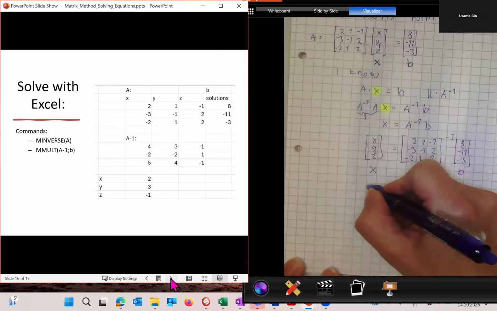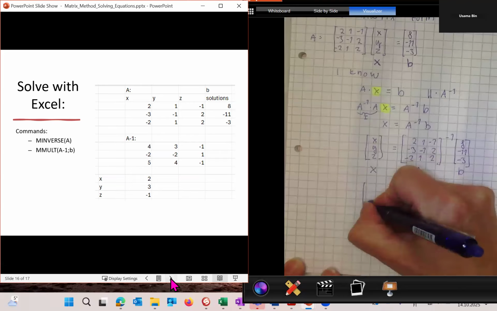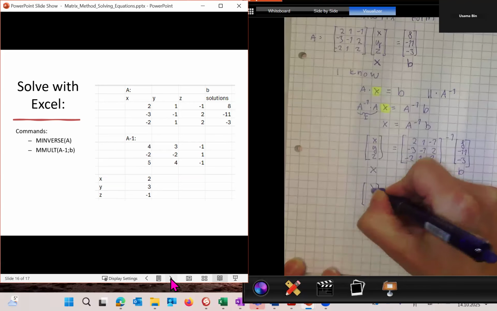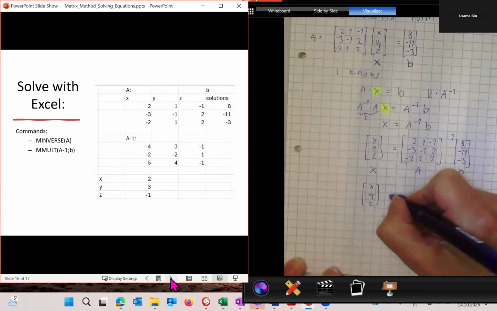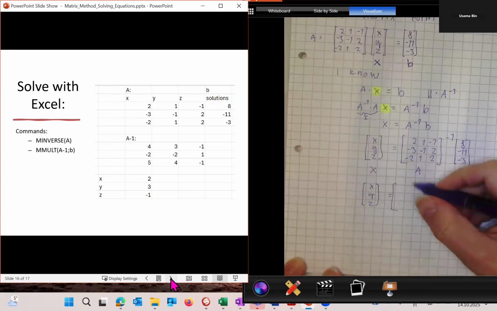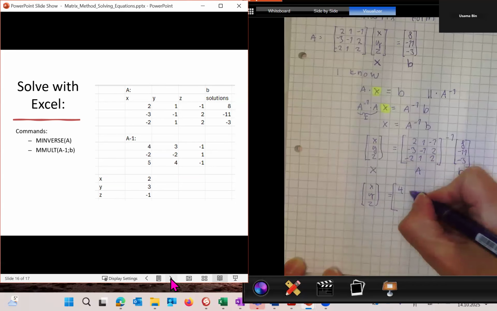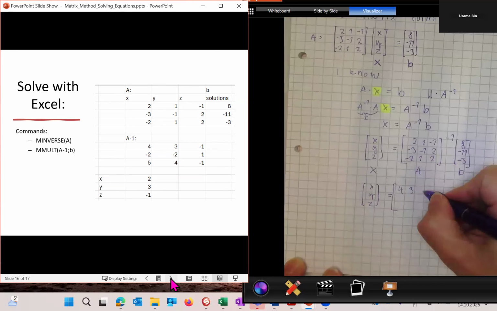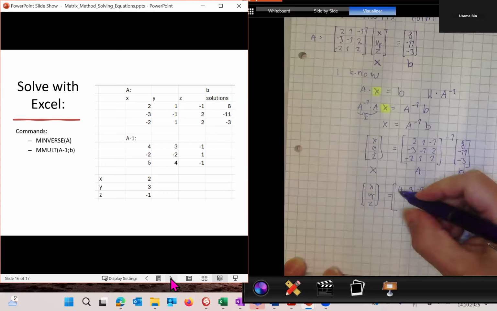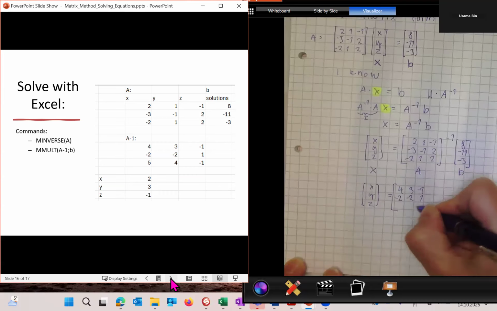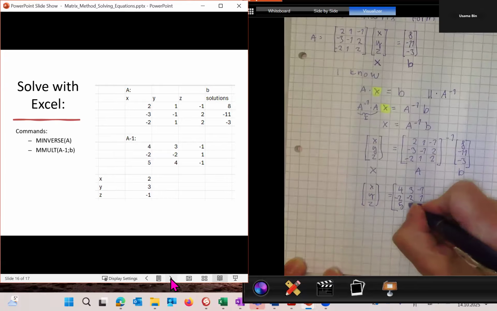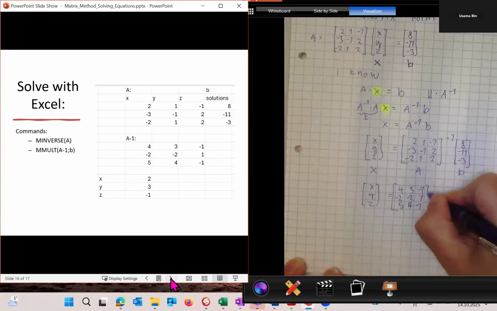So here again, I have this x, y, z. And here now I have the A minus 1, which was 4, 3, minus 1, minus 2, minus 2, 1, and 5, 4, and minus 1.